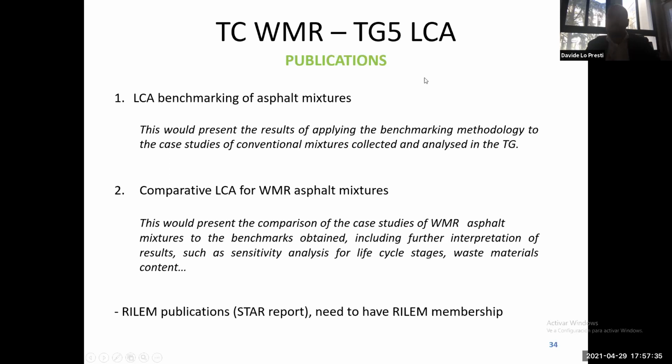In the meanwhile, I just wanted to clarify, for those who don't know, that the STAR report is basically a state of the art that technical committees of RILEM usually produce. What it is going to be is basically a chapter of a bigger manuscript, which is probably a collection of chapters that will be linked to the other TGs of the technical committee.